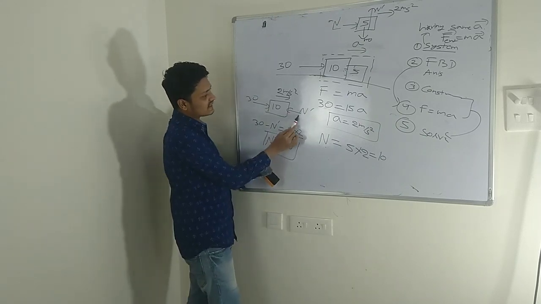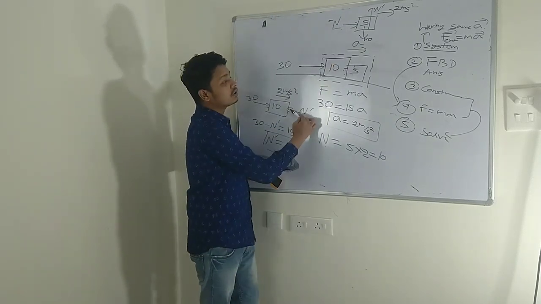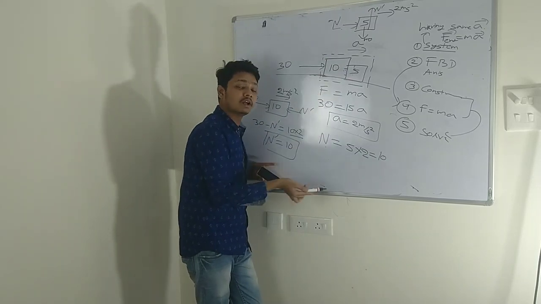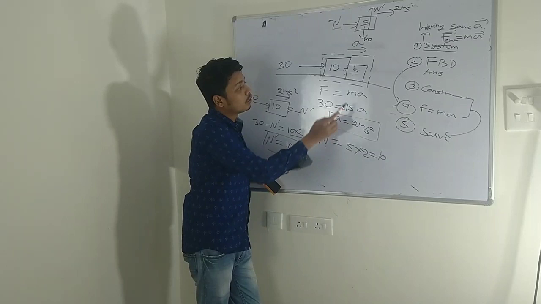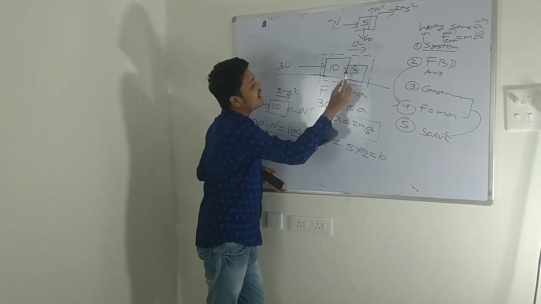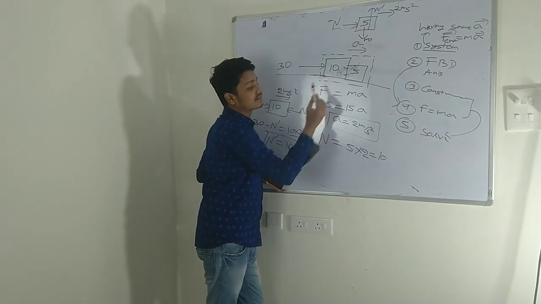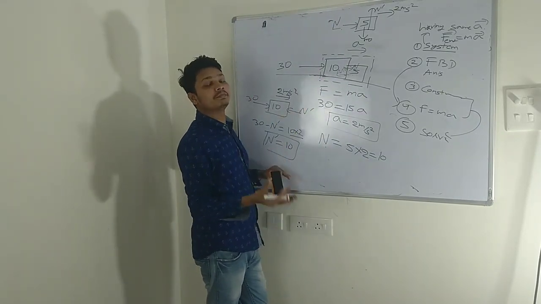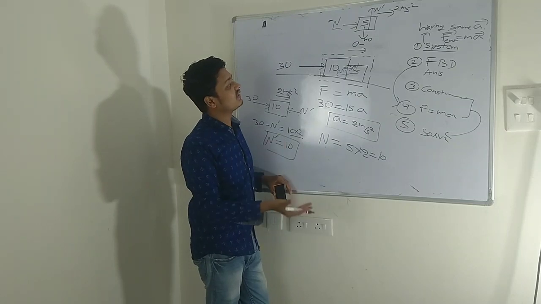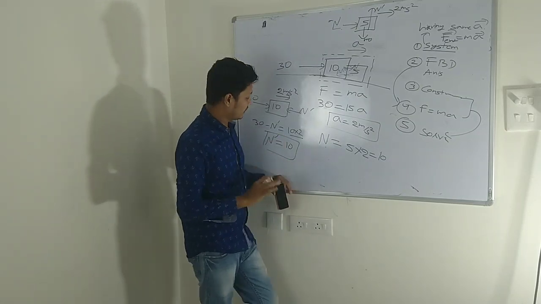So N dash and N both have the same magnitude but opposite direction. This is Newton's third law. One is action and the other one is reaction. Right? So Newton's third law you can say is proved from here. Action and reaction pair.